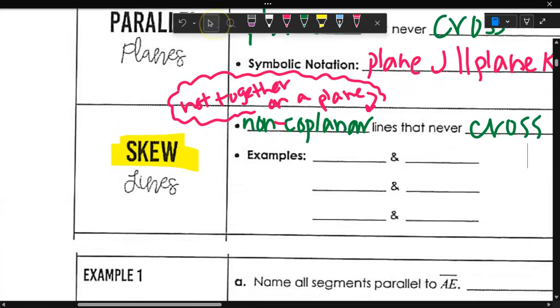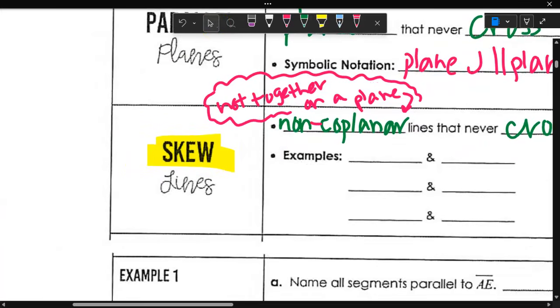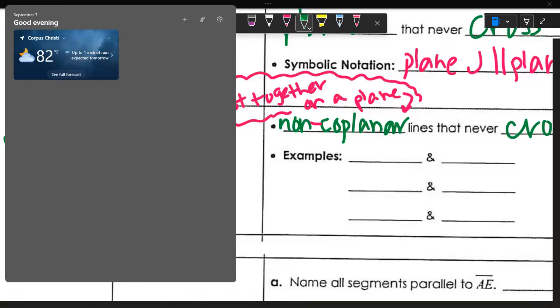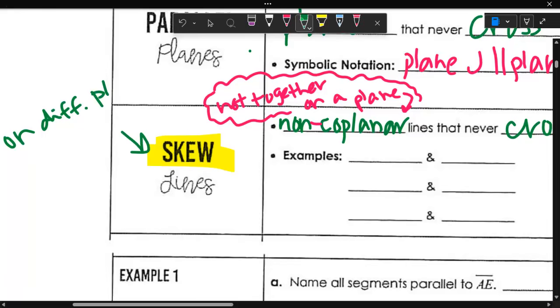All right, so let's talk about how to describe what skew lines are. We can say that skew lines are not on the same plane, or we could say they're on different planes. I'm just going to say diff planes. And never cross.